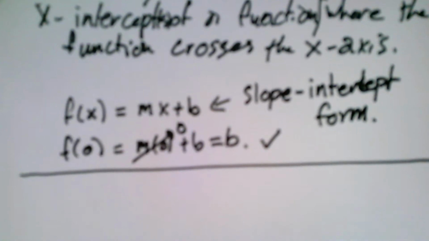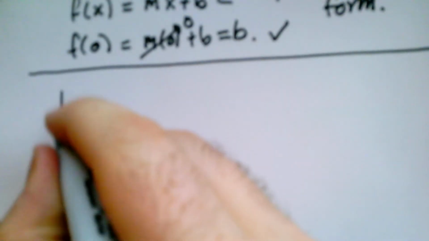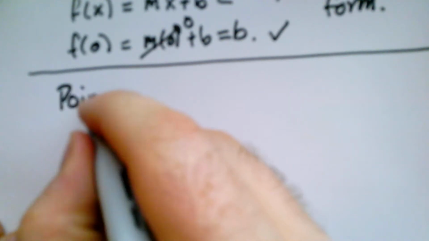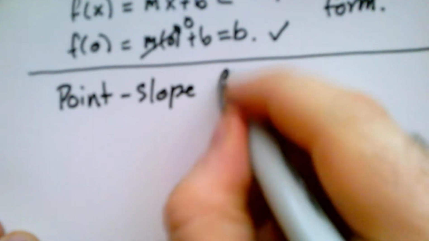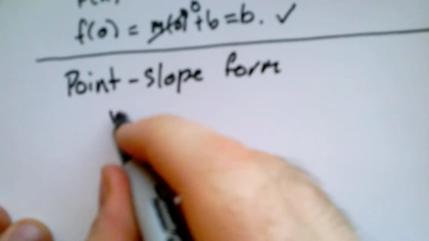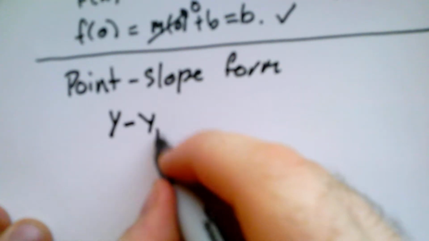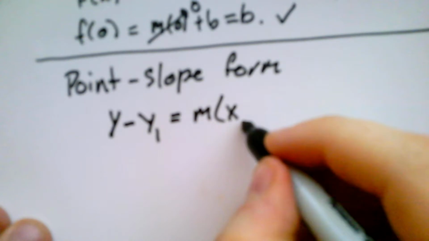One that I find very useful is called point-slope form. So here is the point-slope form. It goes like this: y minus y1 equals m times x minus x1.